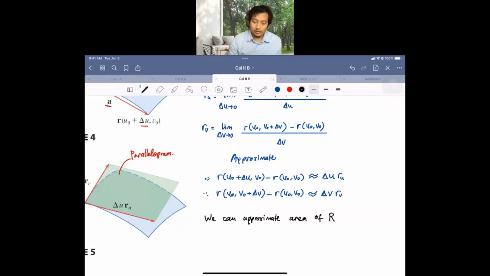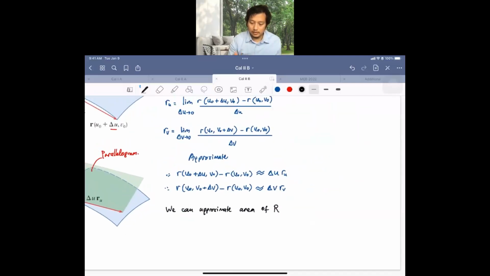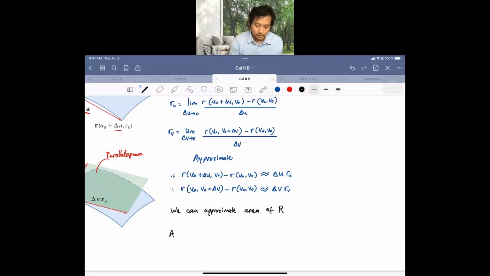So the area of R with this parallelogram, we can have the cross product, right? The area of R is the cross product of delta u R_u cross delta phi R_phi, or we could simply write the cross product R_u cross R_phi and then delta u delta phi.